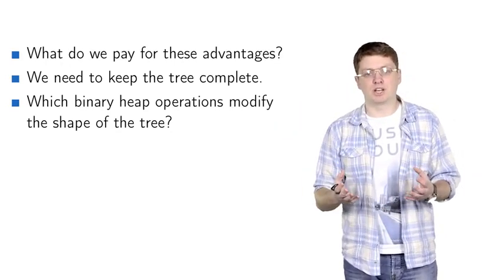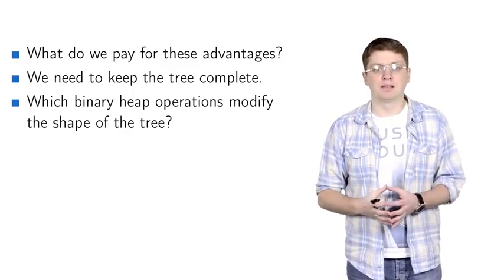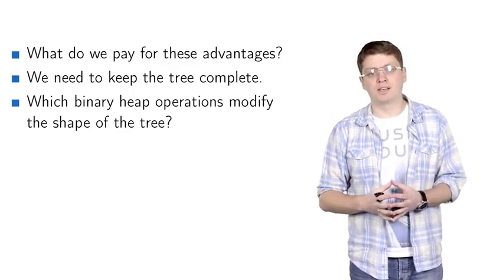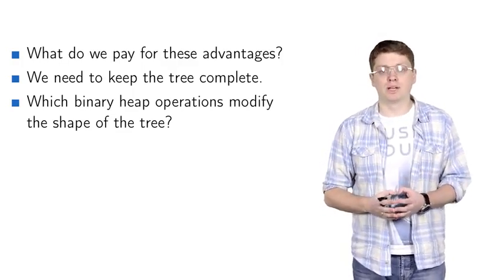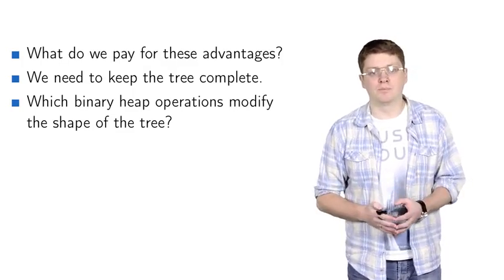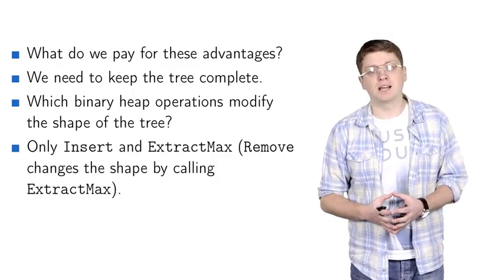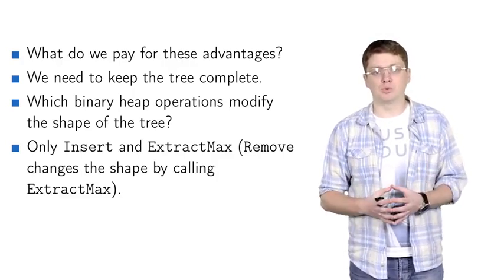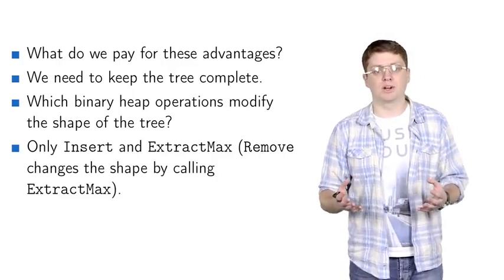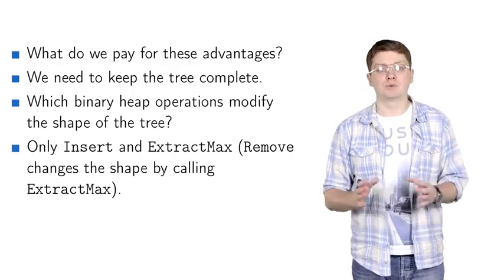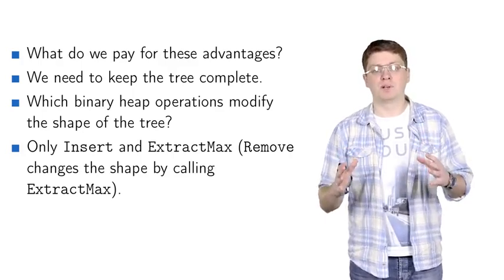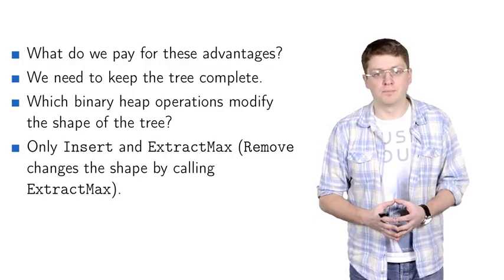Another operation which actually changes the shape is remove an element. However, it does so by calling the extract max procedure. So on the next slide, we will explain how to modify our insert and extract max operations so that they preserve completeness of our tree.